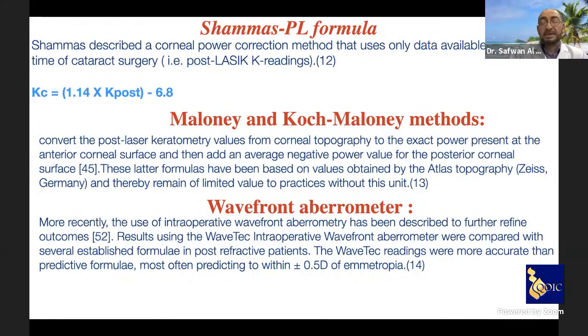Now, wavefront aberrometry, I do agree that more recently the use of intraoperative wavefront aberrometry has been described to further refine outcome results using the WaveTec intraoperative wavefront aberrometry, where compared with several established formulas in post-refractive patients, the WaveTec readings were more accurate than predictive formulas, most often predicting to within plus or minus 0.5 diopter of emmetropia. But what are the pros and cons here?